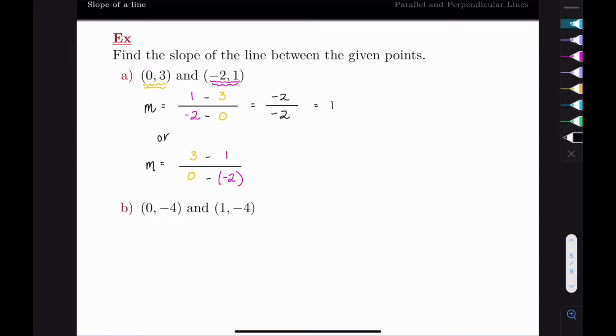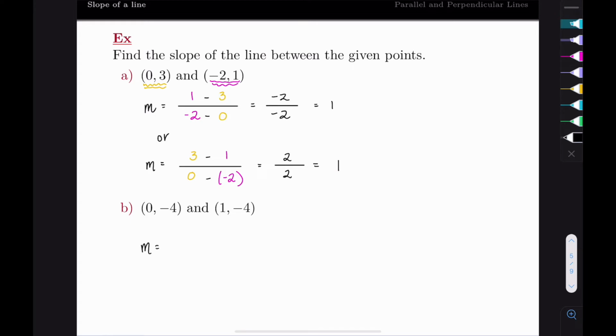So we have -2 down there. 3 minus 1 gives us a positive 2. 0 minus -2 is really 0 plus 2. So we end up with 2 over 2, which is a 1. So in each instance, it makes no difference which point went first. We found our slope is 1.